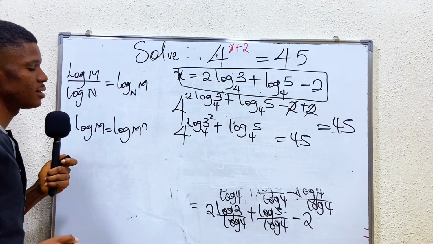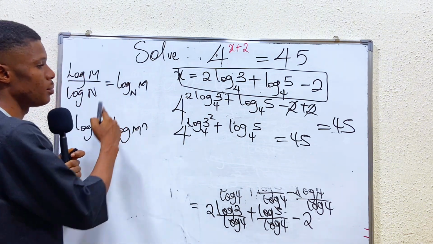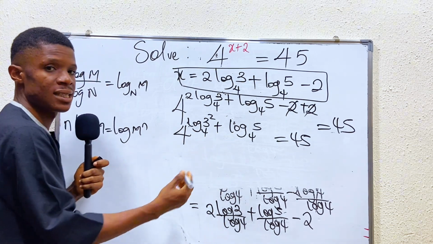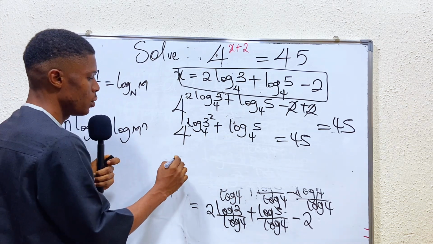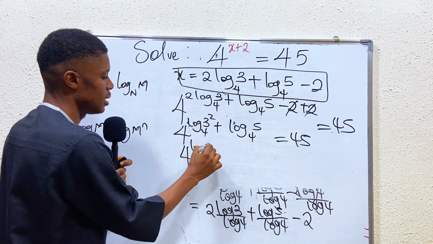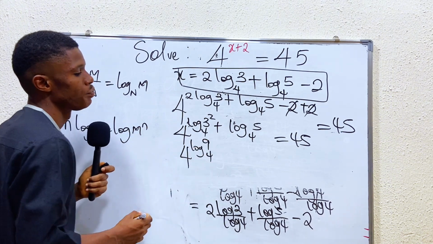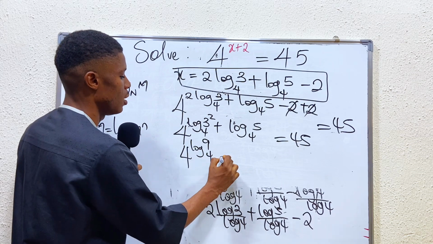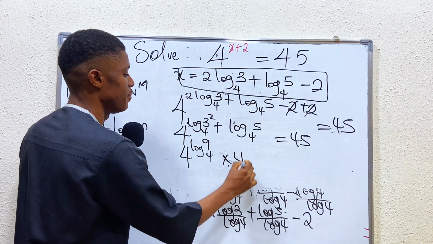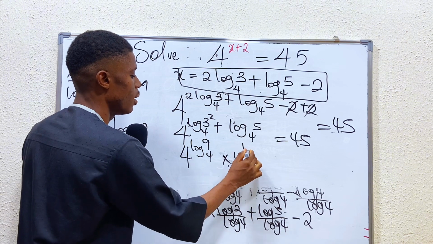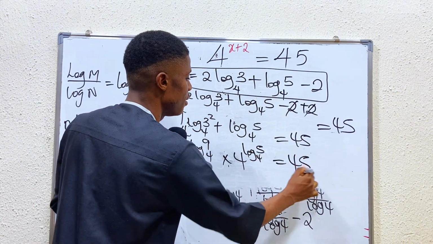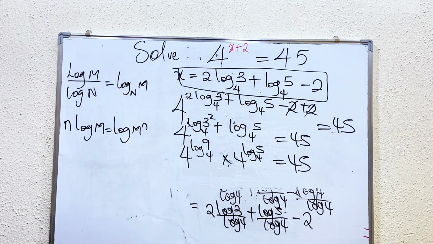From the laws of exponent, whenever we are adding in the power, we can split in the same base. So we have 4 to the power log base 4 of 9, times 4 to the power log base 4 of 5. Is it actually 45? That's what we are trying to verify.